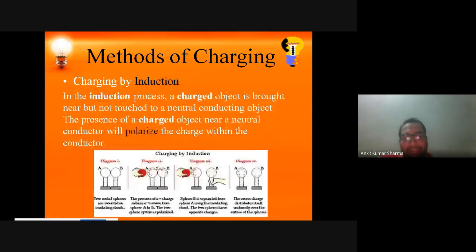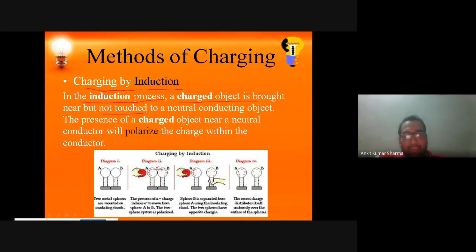The second method is similar to the previous one, but in this method, it is charging by induction. In the induction process, a charged body is brought near to, but not touched. In the previous one, both bodies were so near that they touched each other.